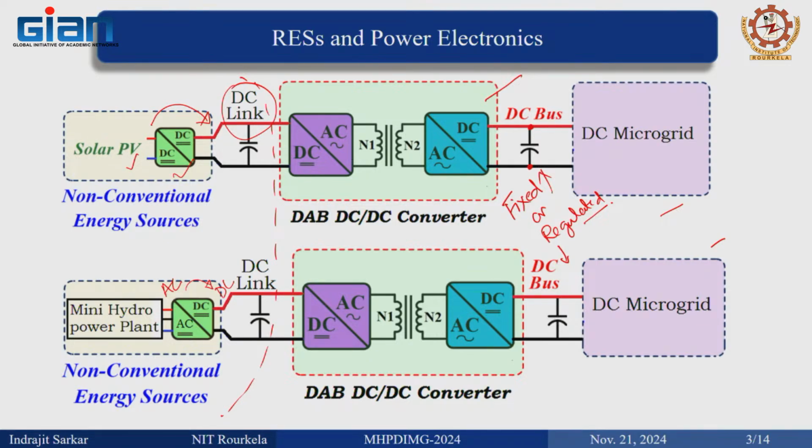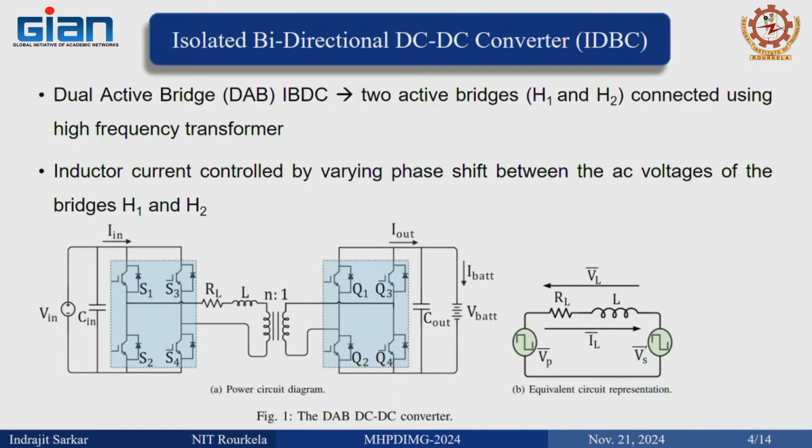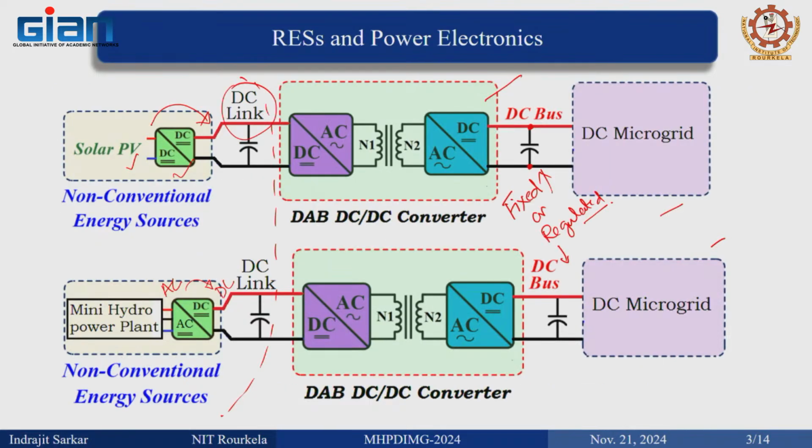Now, when this mini hydropower plant I explained is connected to the AC grid, we had a configuration; if you do not remember, let me draw it once again.